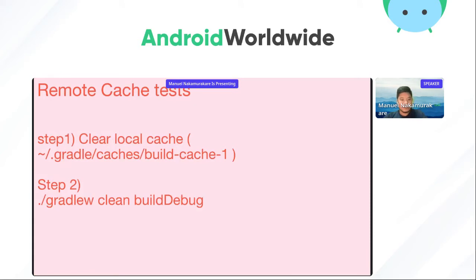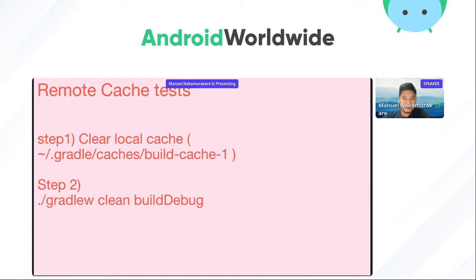Oh, and another thing worth pointing out is that Gradle Enterprise, in addition to providing build scans, also provides a remote cache. So it's also helpful to have it because of that. So now, in order to test remote cache, there are two steps that you can take. So the first one is you want to make sure to clear your local cache.